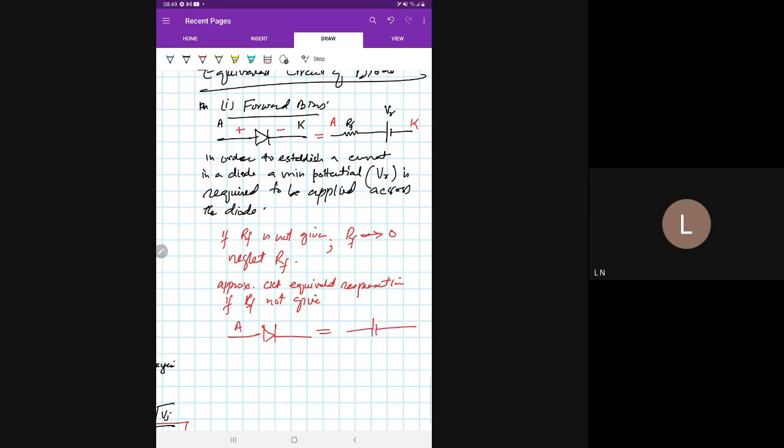So this is the anode and this is the cathode.